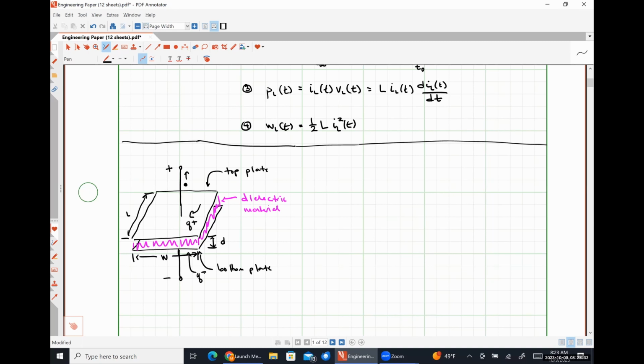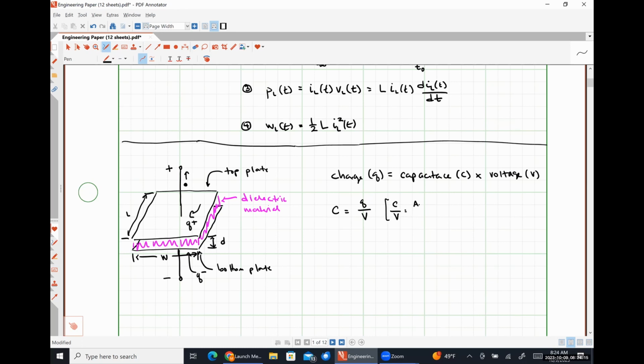Okay. So let's talk about the relationships that govern these things. Okay. So charge Q is equal to the capacitance C multiplied by voltage V. So our capacitance C is then the ratio of charge to voltage, meaning that its units are coulombs per volt.